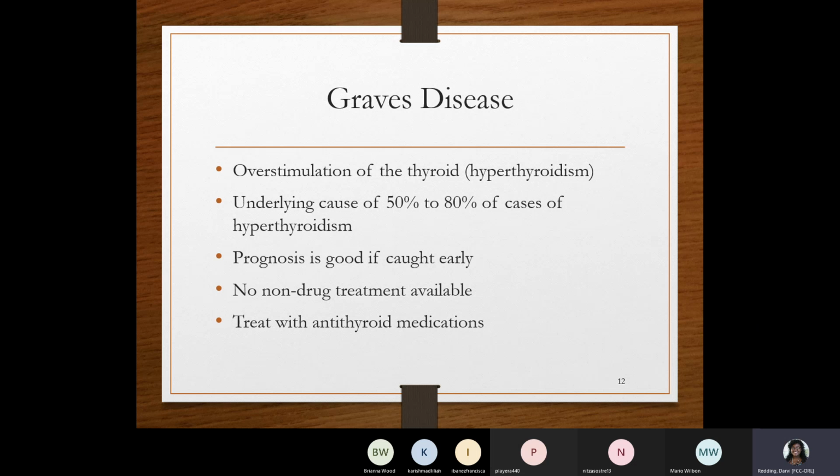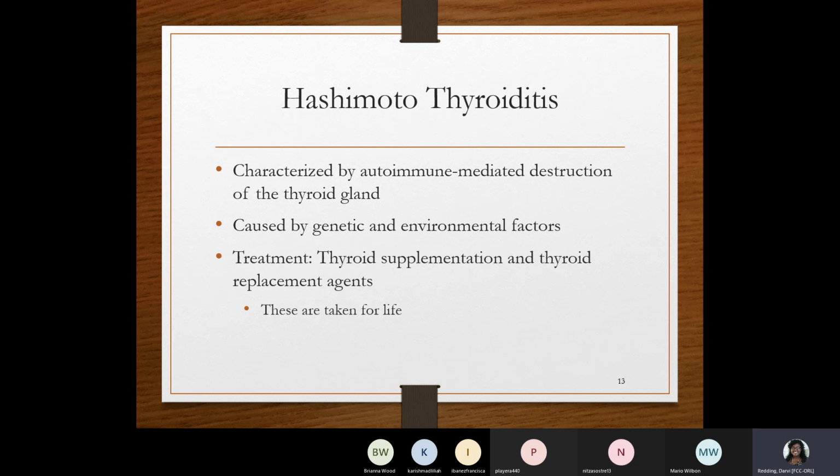And so other drug treatments for hyperthyroidism would include radioactive iodine or even surgery. And so, in continuing learning about other types of thyroid disorders, there is Hashimoto thyroiditis.